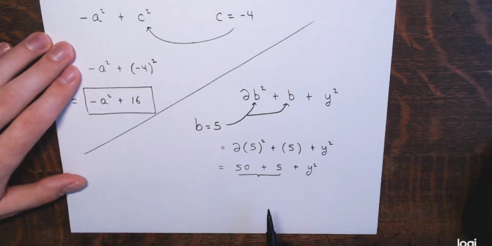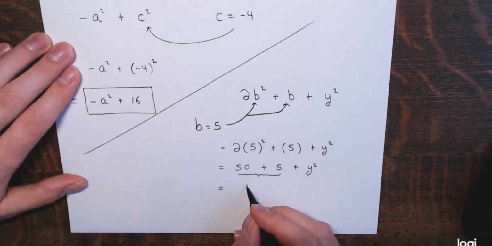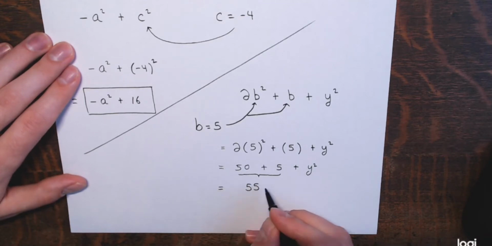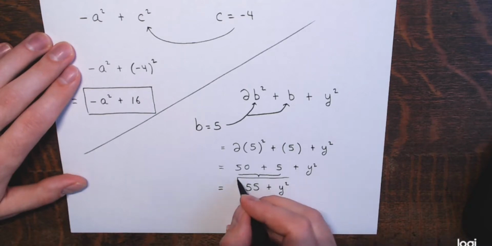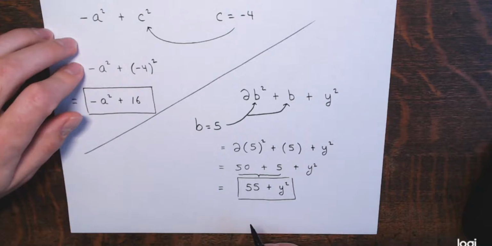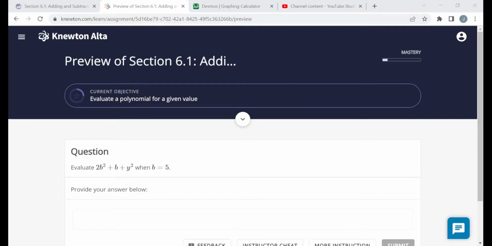They're both constants, so you can put them together. 50 plus 5 is 55, plus the y squared we had the entire time. These do not go together. This has a variable y to the second power, and this term has no variables at all, so you can't put those together. So this ends up simplifying to 55 plus y squared.